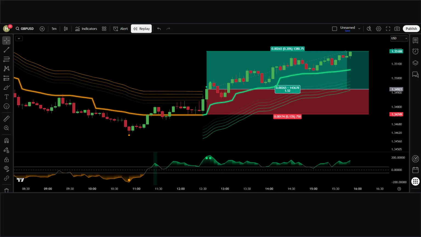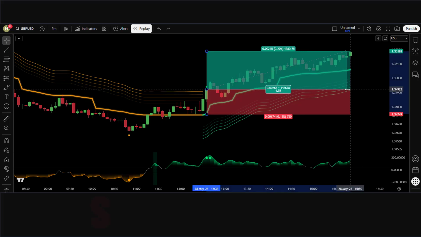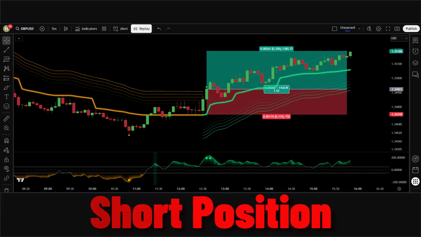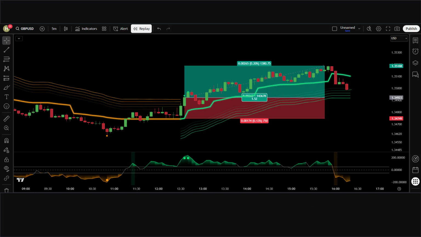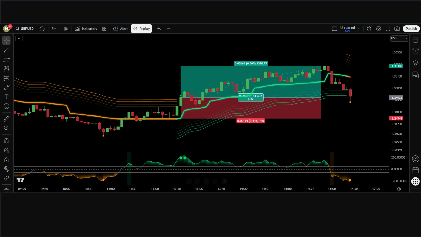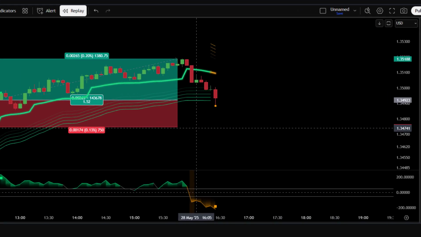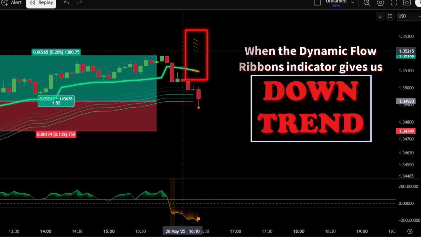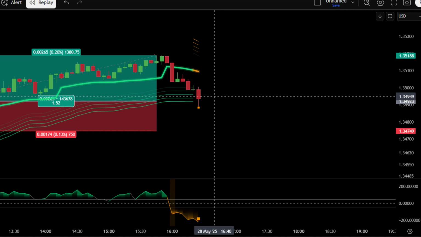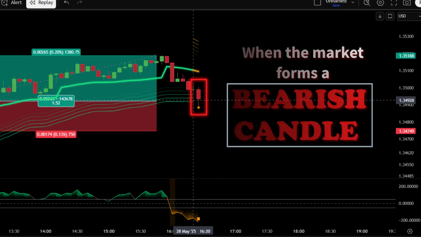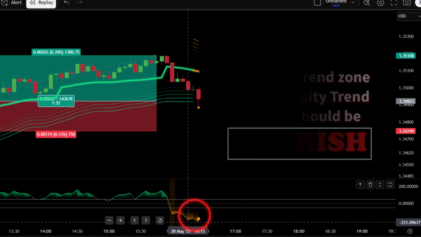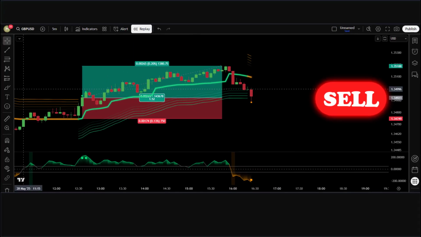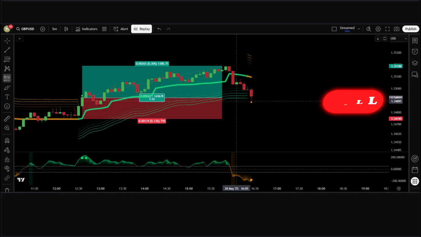The market has completely hit the target. Now let us understand the short position. When the Dynamic Flow Ribbons indicator gives us downtrend signal, when the market has formed a bearish candle, and when the trend zone of Commodity Trend Reactor is bearish, if this condition is fulfilled, then we will place a sell order.